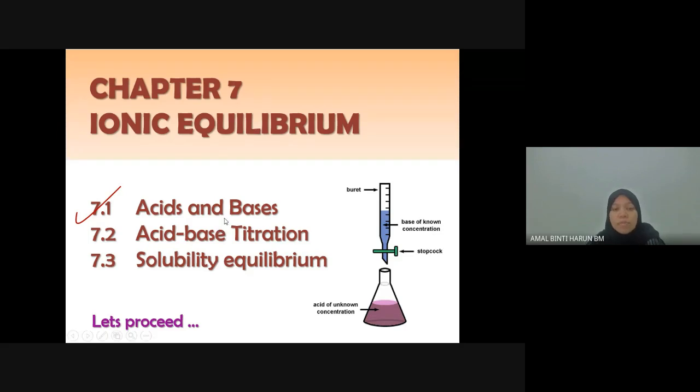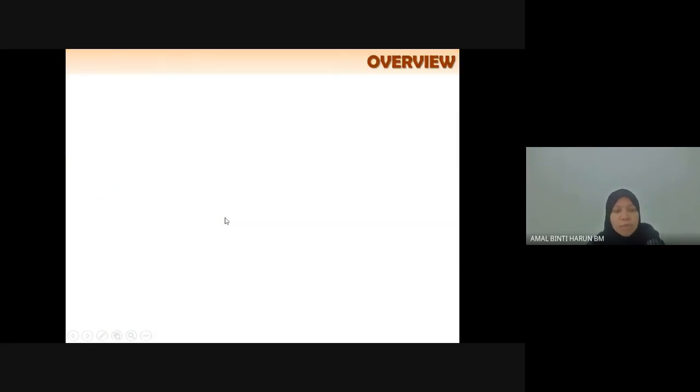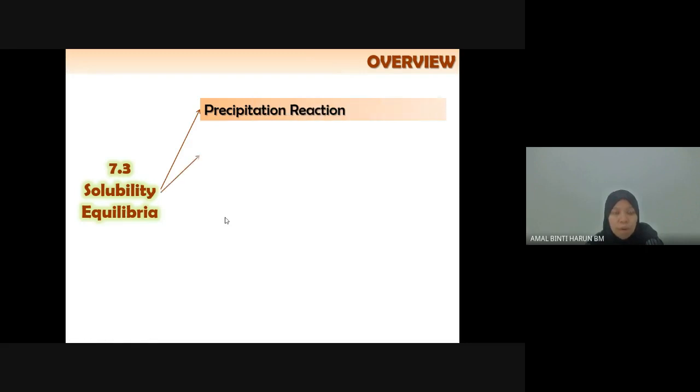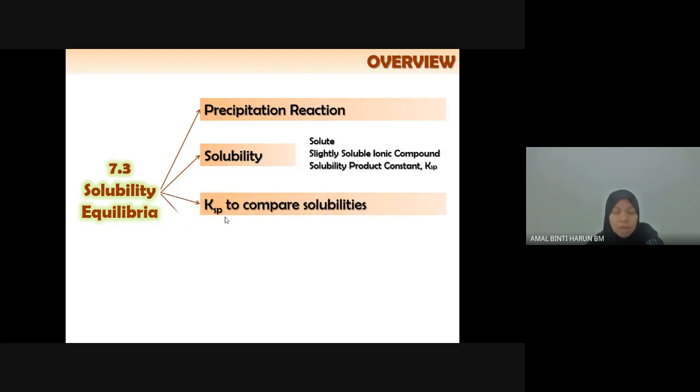Okay, now we move to the last part, which is the solubility equilibrium, which refers to how the precipitate forms, and then what is solubility, and then how we use the Ksp to compare the solubility and determine whether precipitate forms or not through the comparison of Qsp versus Ksp.